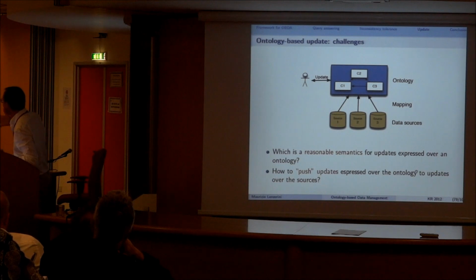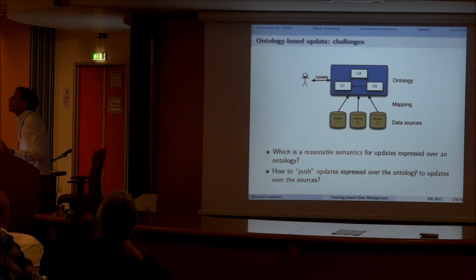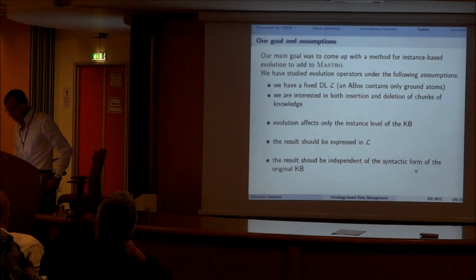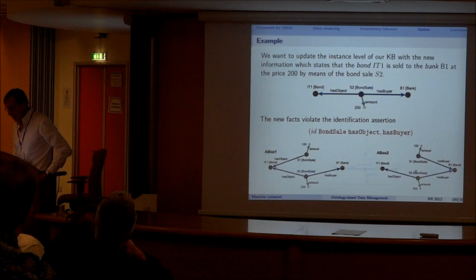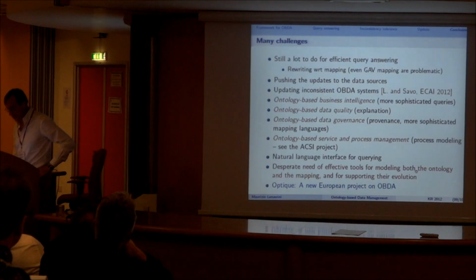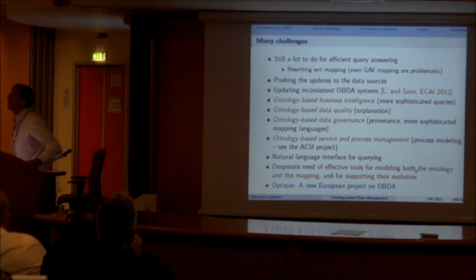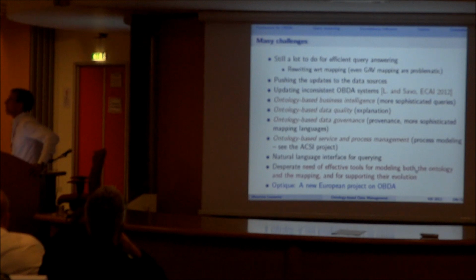Once you have decided what to do with the update at the logical level, you still have to decide what to do with the data sources in order to reflect the update that you have decided to apply. Anyway, let me conclude the talk by telling you that this is a very, very rich field.